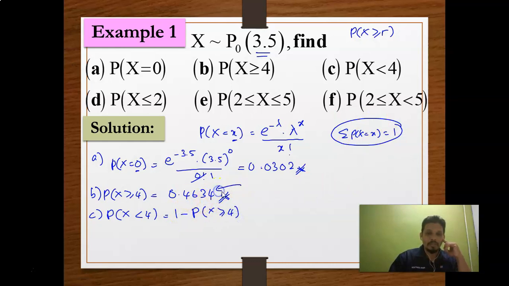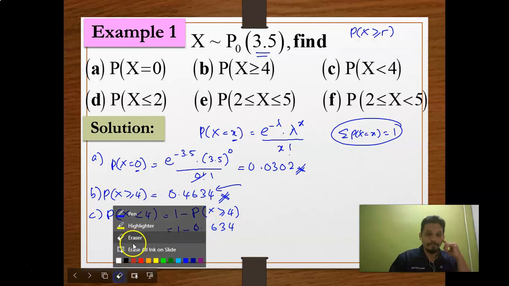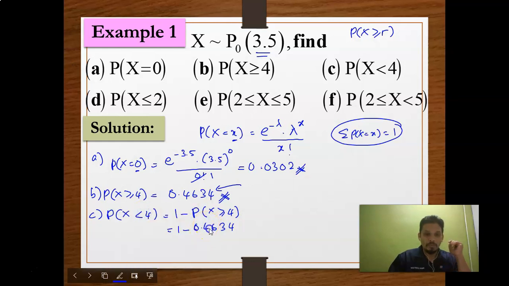We already found an answer here, so we can use this: 1 minus 0.4634, which equals 0.5366.